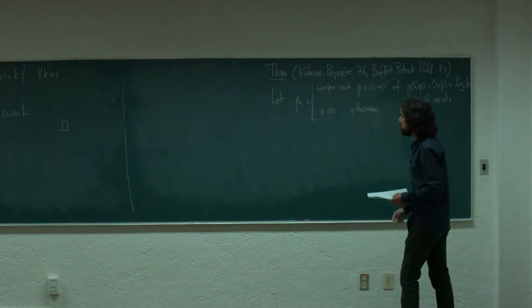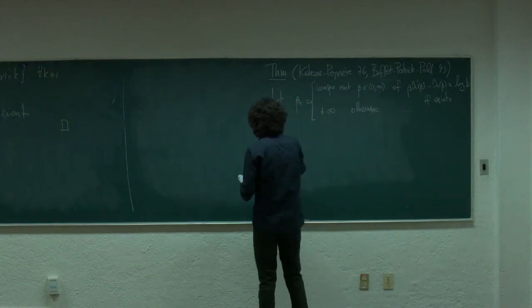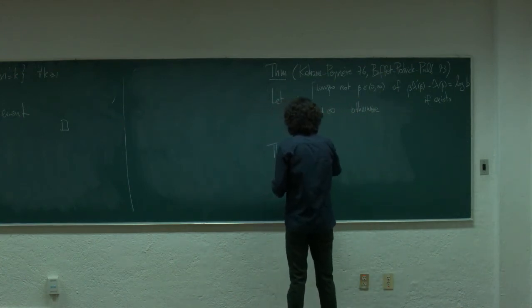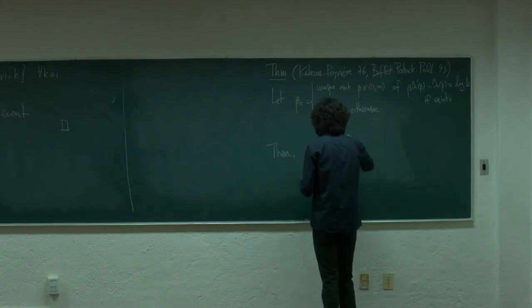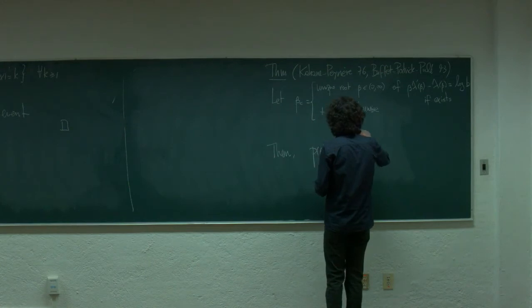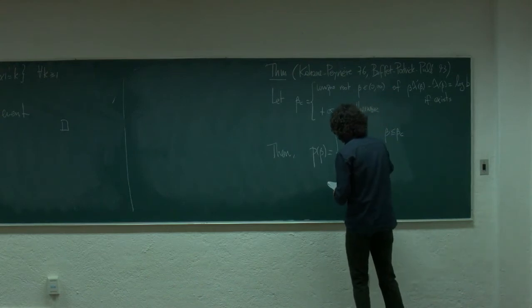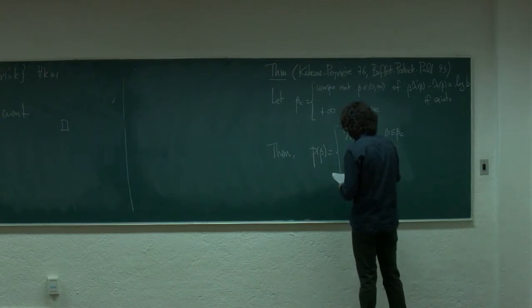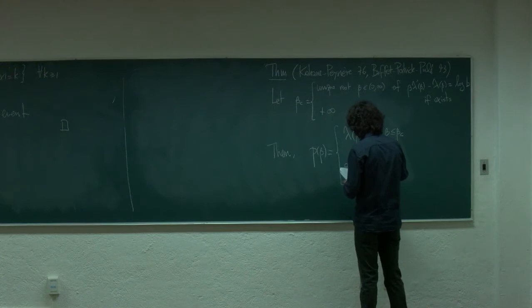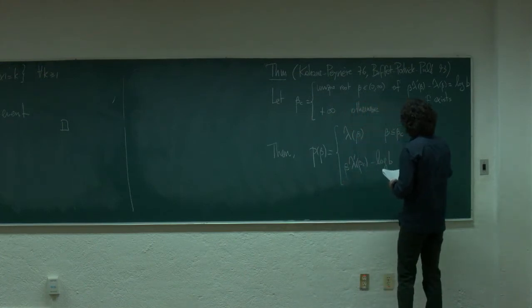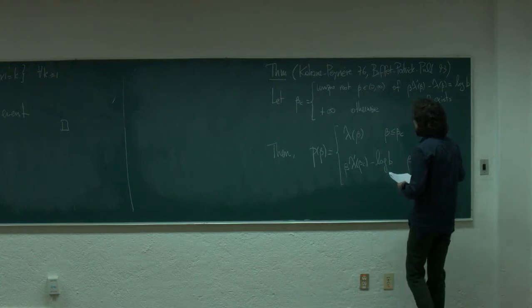So that's the beta critical. Then you can give the exact value of p of beta. It's equal to lambda of beta if beta is smaller or equal to beta critical. And it's equal to beta lambda prime of beta critical minus log b if beta is bigger than beta critical.